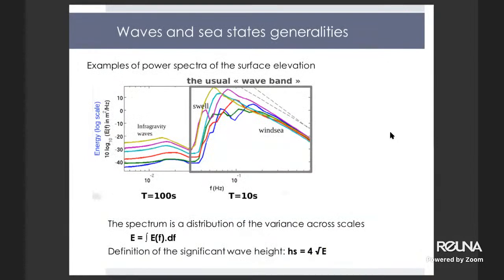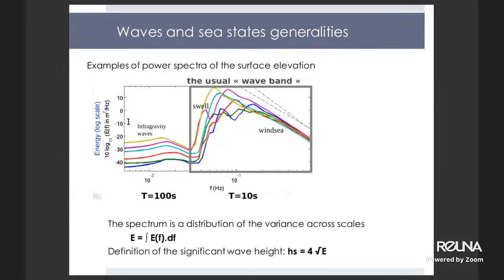If we look at the spectrum, because waves are very much characterized by their spectrum, as I said, here is the power spectrum of the surface elevation. It's a log scale, of course. So the evolution of the surface elevation shows different regions of the spectrum.